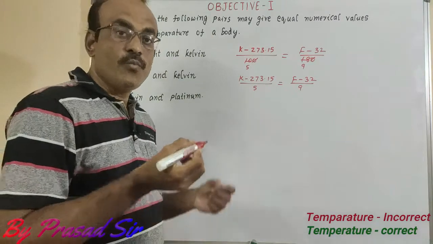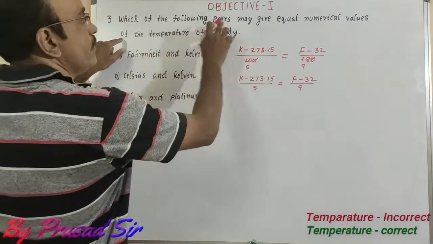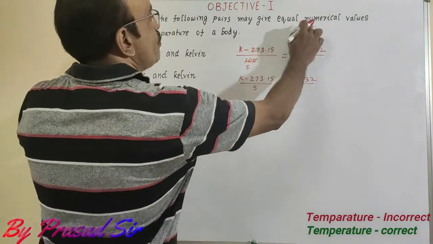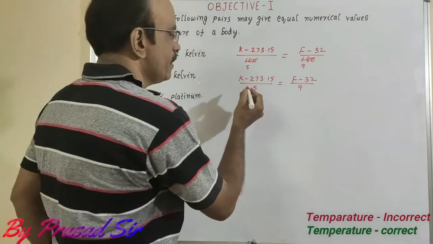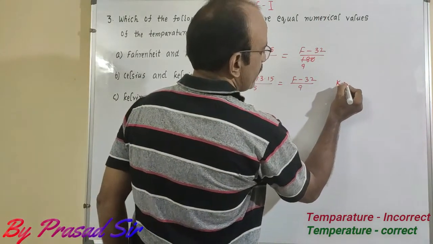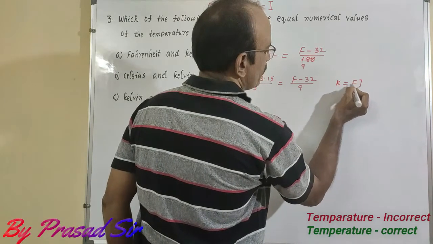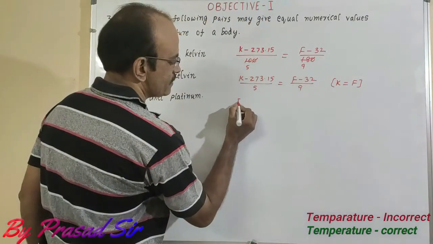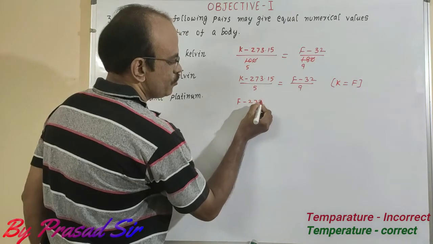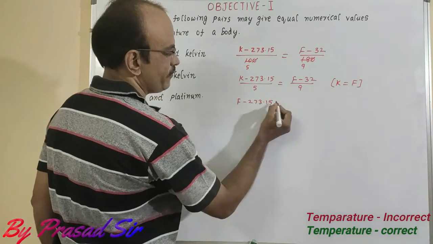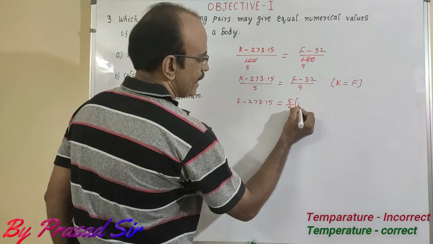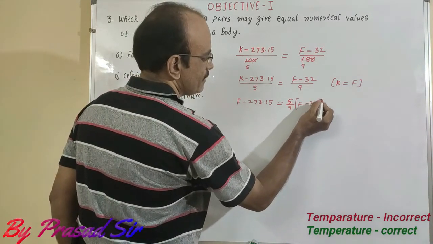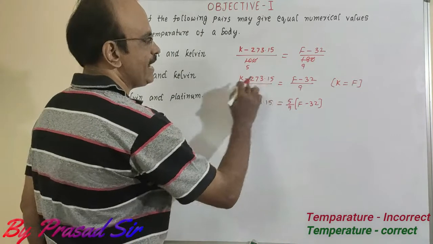But what is given? The pairs may have equal numerical values of temperature of a body. So I will take K equal to F. F minus 273.15 is equal to 5 by 9 times F minus 32, because both K and F are equal.